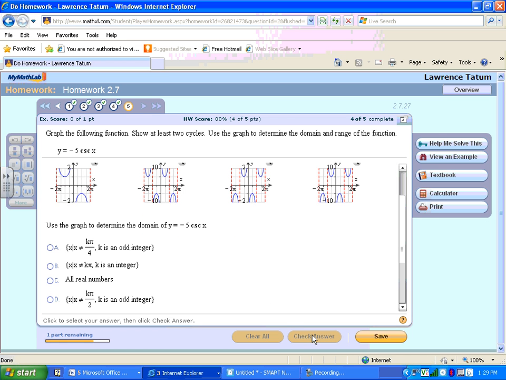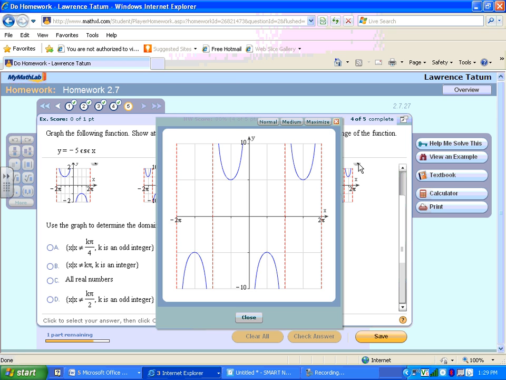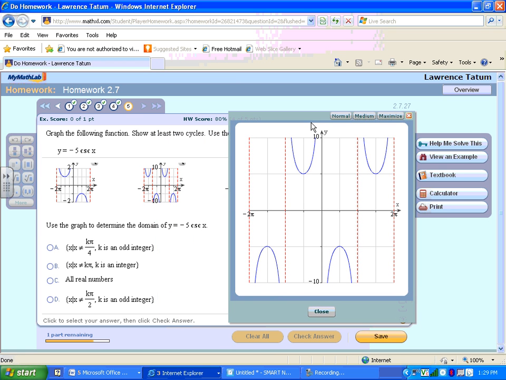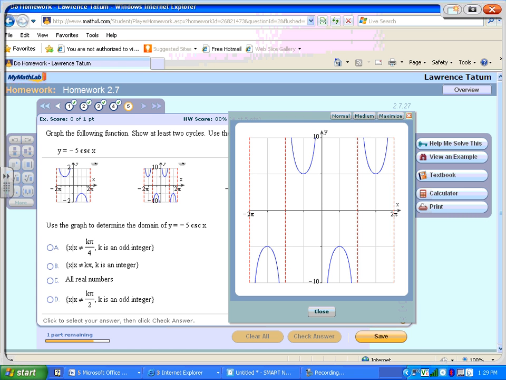Okay, now let's look at the same old questions that they just keep asking me here. Domain and range. All right, so let's notice the graph here, and let me pull it up. Okay, so let's just think, where was it undefined? We had it at 0, and then at pi, and then at 2 pi.